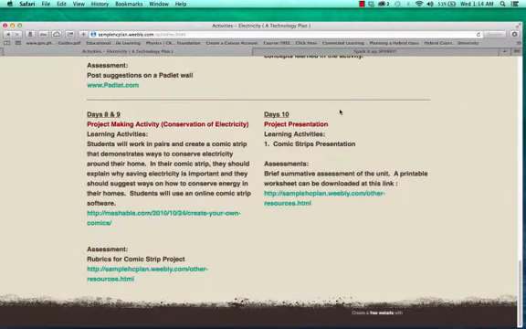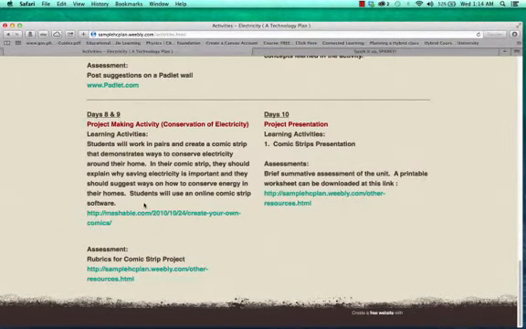Days 8 and 9 are allotted for project making activity, which is about the conservation of electricity. Students will work in pairs and create a comic strip that demonstrates ways to conserve electricity around their home. In their comic strip, they should explain why saving electricity is important, and they should suggest ways on how to conserve energy in their homes.